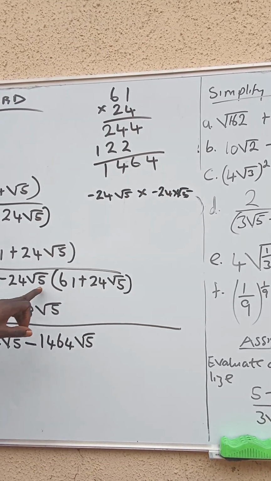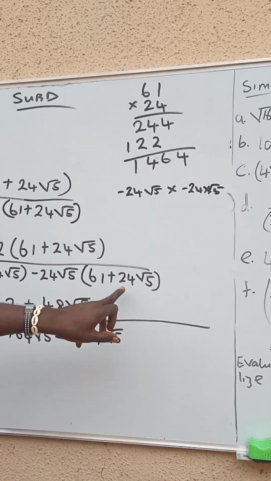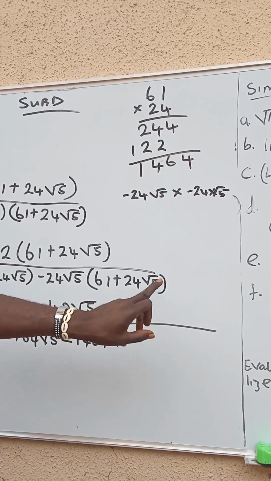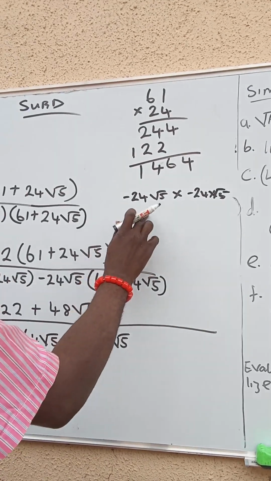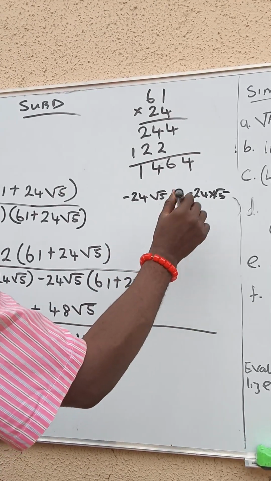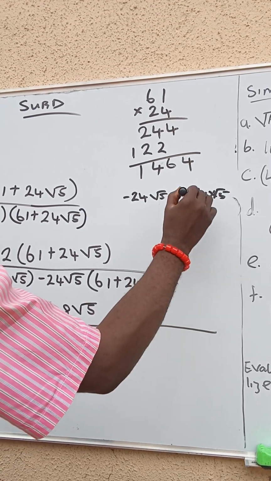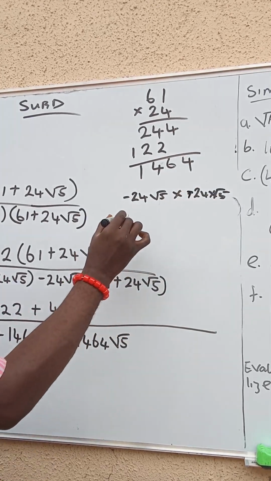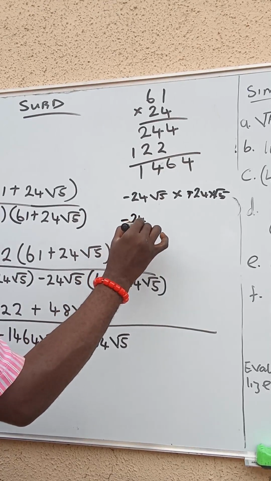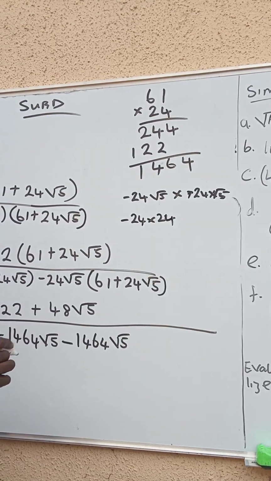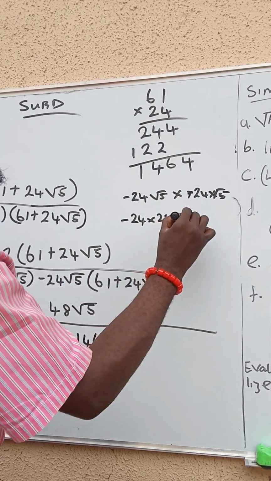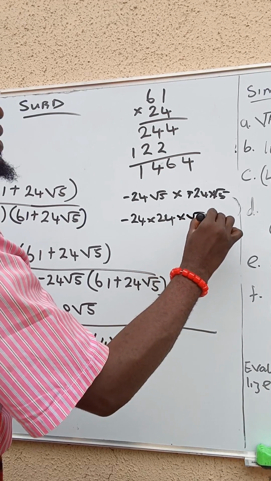Then minus 24 root 5 multiplied by plus 24 root 5. So this is what? Minus 24 root 5 multiplied by what? Plus 24 root 5. Now, the first thing you do, you bring these two. Minus 24 times 24, since it's multiplication. Then you bring this one at the front, root 5 times what?